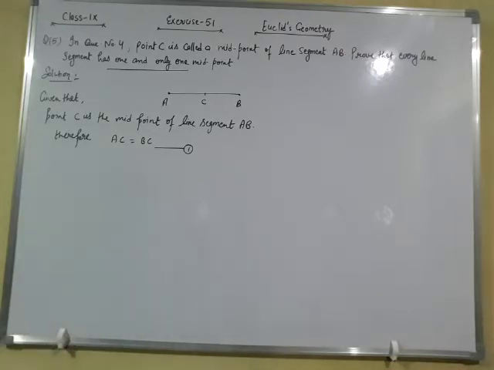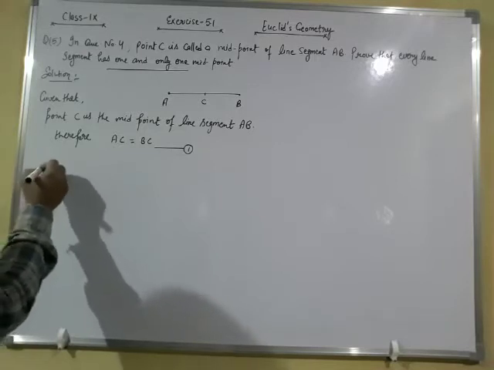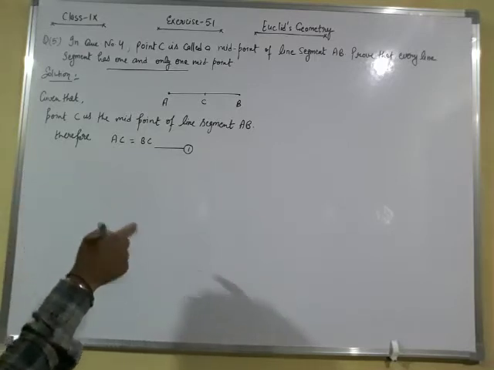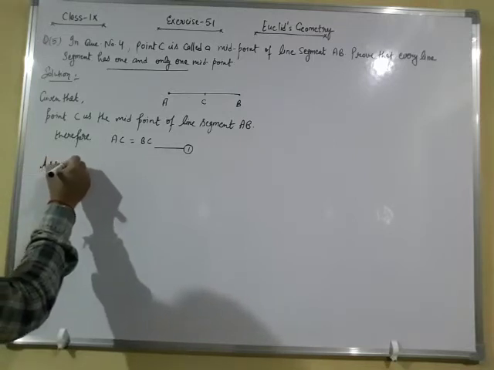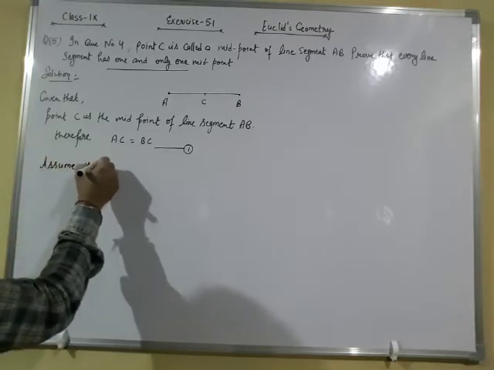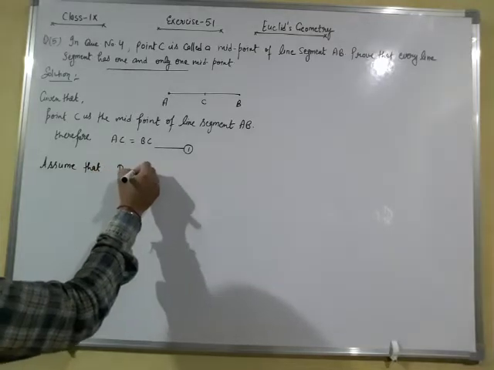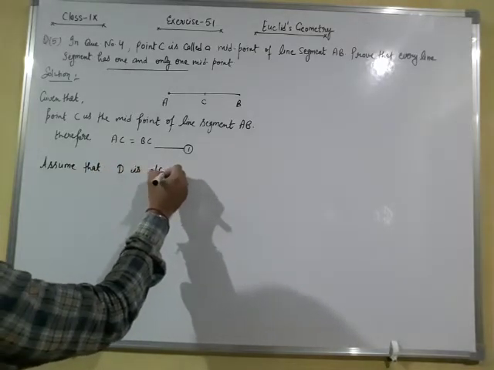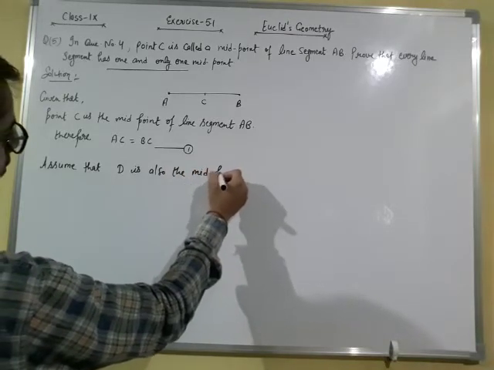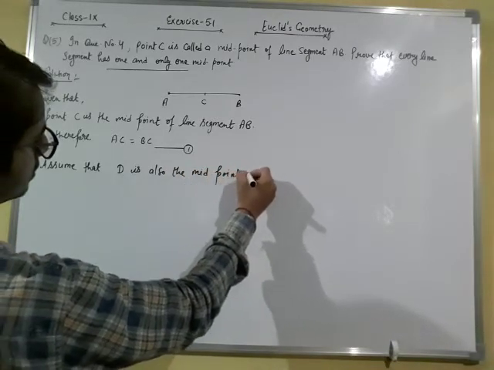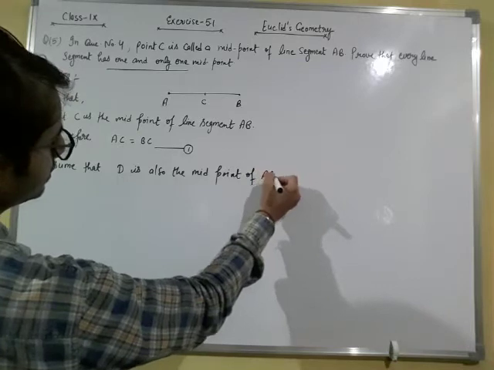Starts its solution. Assume, this is our assumption which we will prove that we are wrong. Assume that D is also the midpoint of AB.